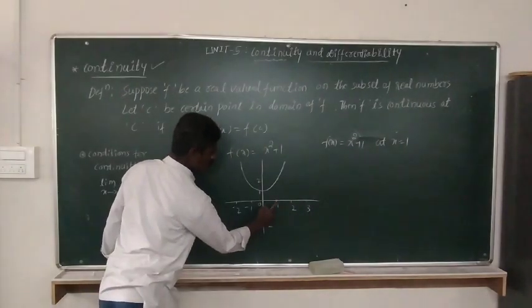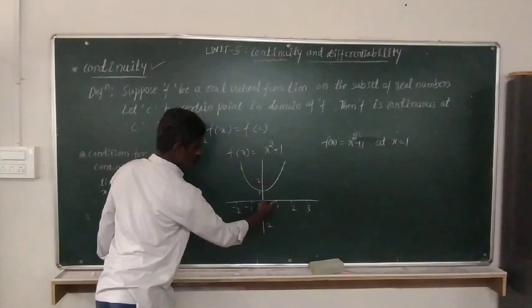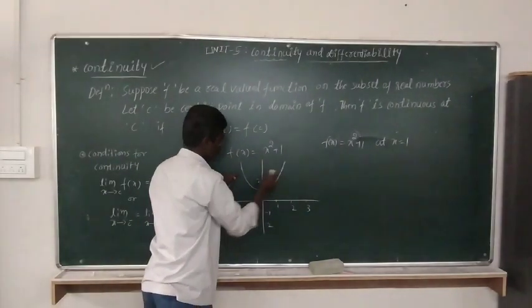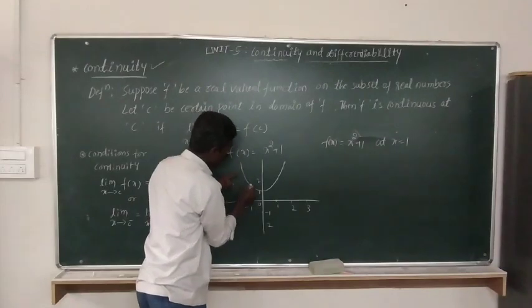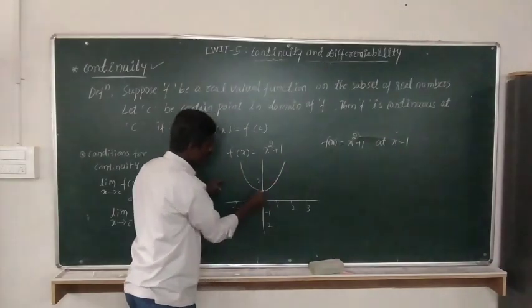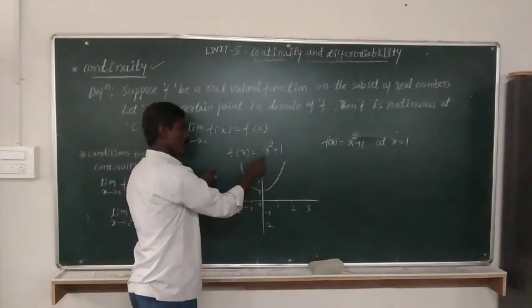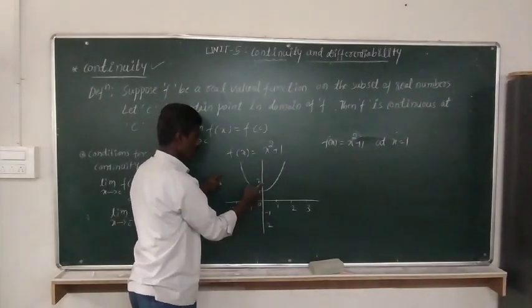The value x equals 1 is in the domain. To check the continuity of this function, see here, this function is continuous because we can draw the graph without lifting a pen or pencil. This is a continuous function because this is a polynomial function. All polynomial functions are continuous.